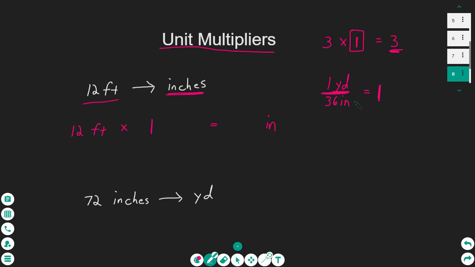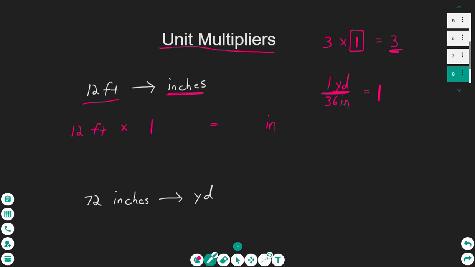Do you see how it equates to 1? We have 1 yard over 36 inches. Well, 1 yard is exactly the same as 36 inches. They're just two different ways of expressing the same idea. It's the same length. If I give you 1 yard of string and I give someone else 36 inches of string, I gave you both the same length of string, right?